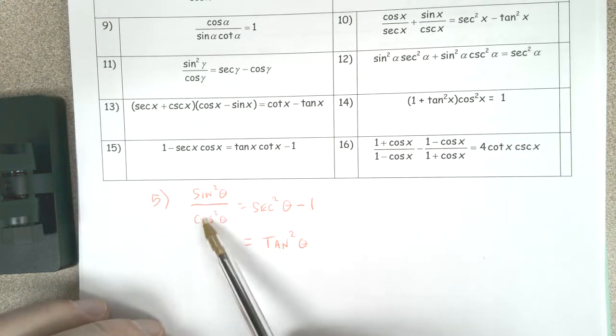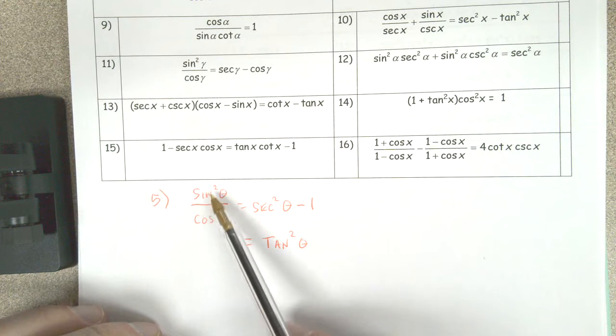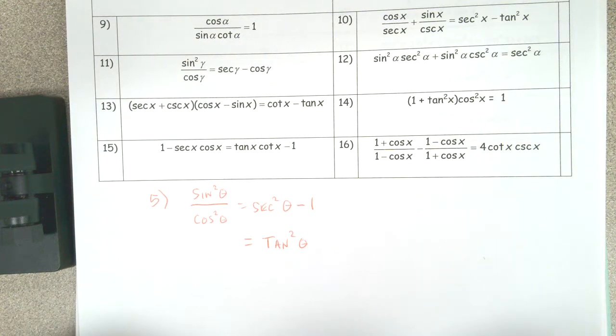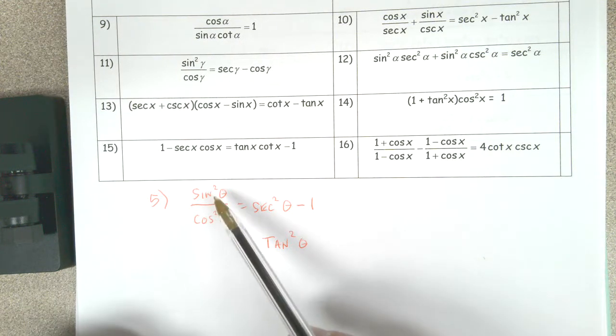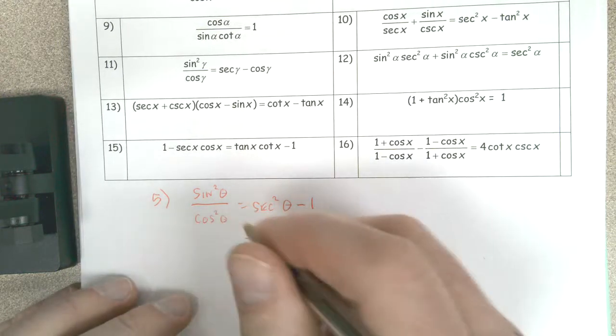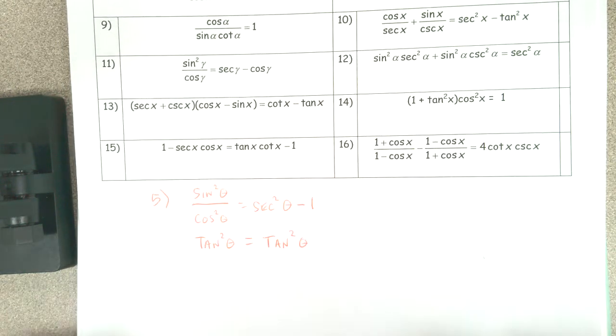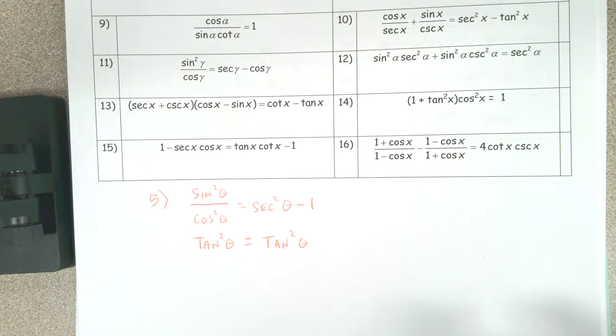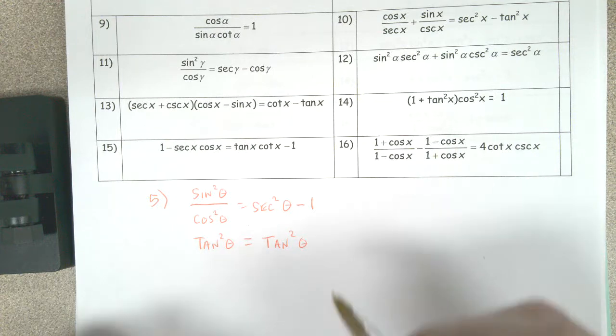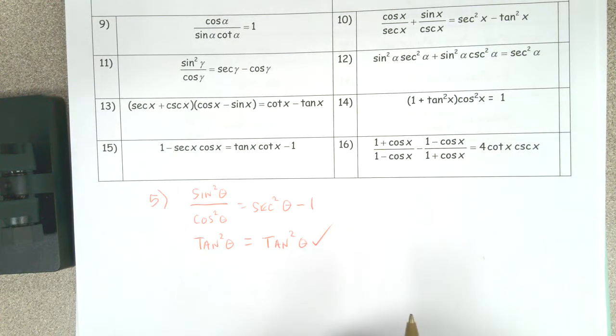If I look at the left side, I know that sine over cosine is also tangent, and they're both squared, so really that just becomes tangent squared theta. So this one's just a one-step verification. We have the same thing on both sides of the equation, so we're done with that.